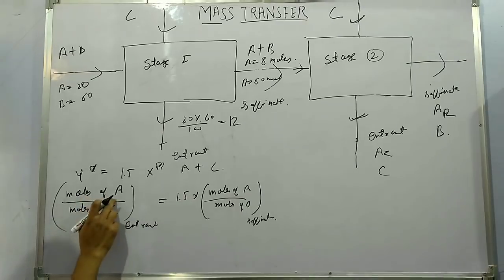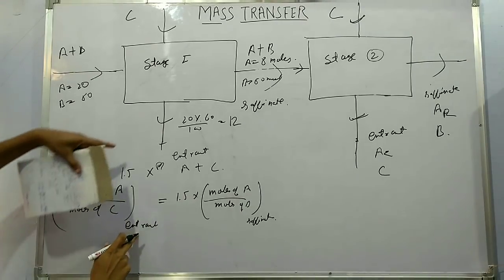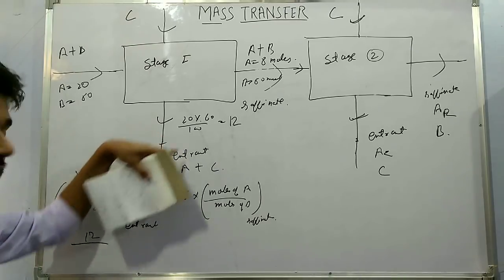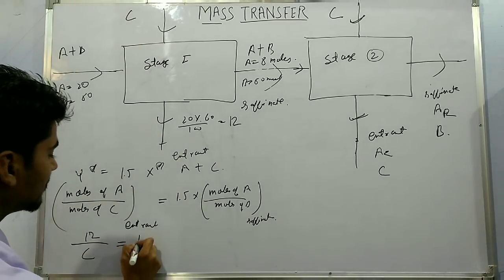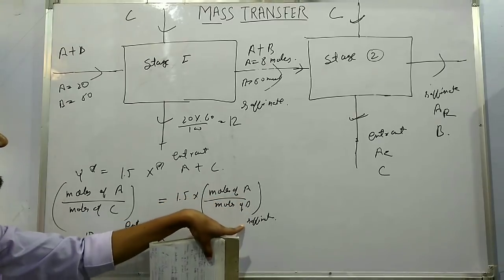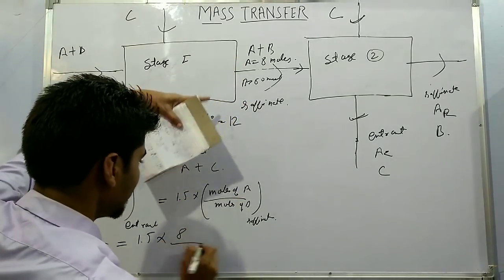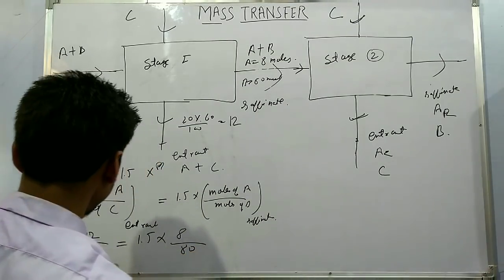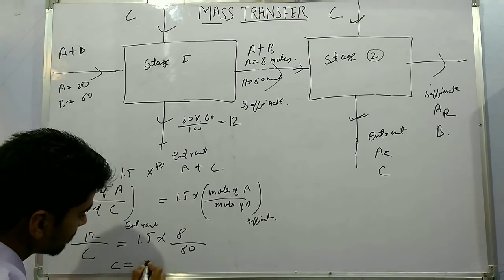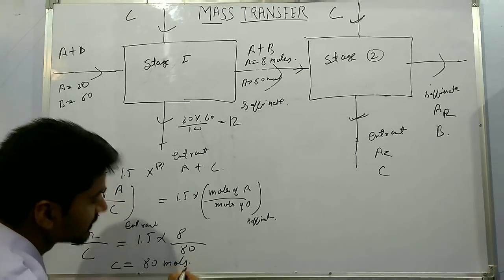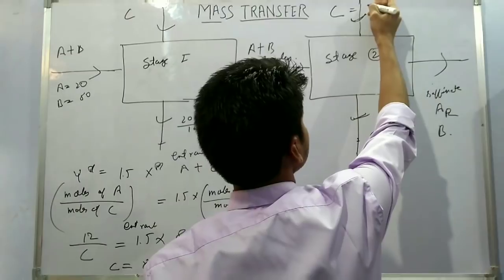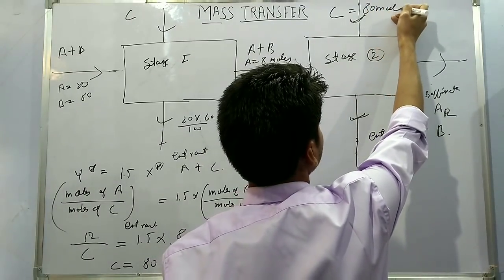So using this, moles of A in the extract phase upon moles of C, which we need to find, equals 1.5 times moles of A in the refined phase, 8 moles, upon moles of B in the refined phase, 80 moles. So from here C comes out to be 80 moles. The same amount of C is used in stage 2, so C will be 80 moles.